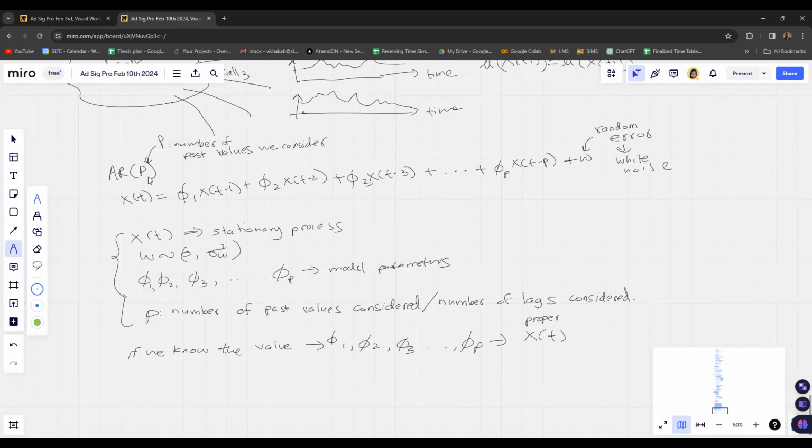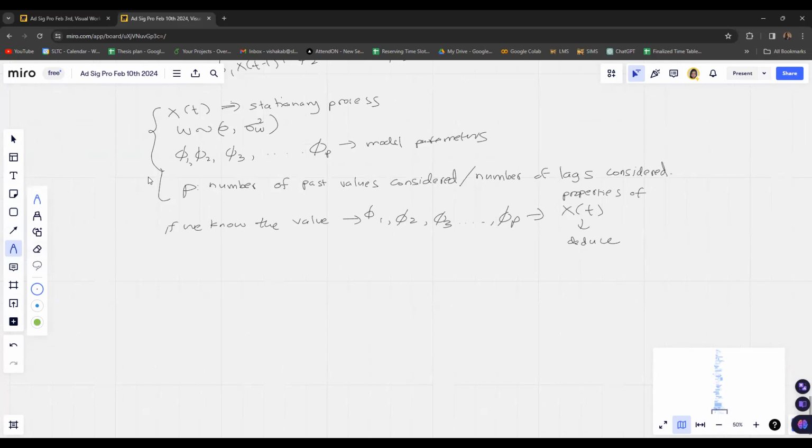We can deduce them if we know these values. There are many methods of doing that.